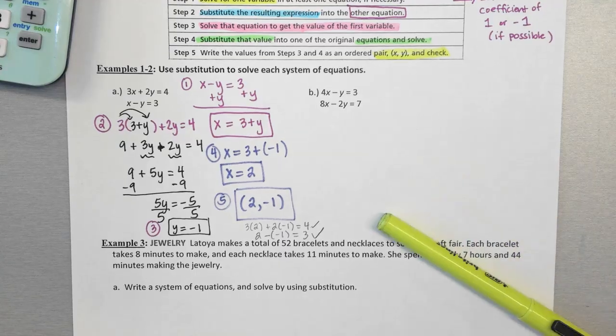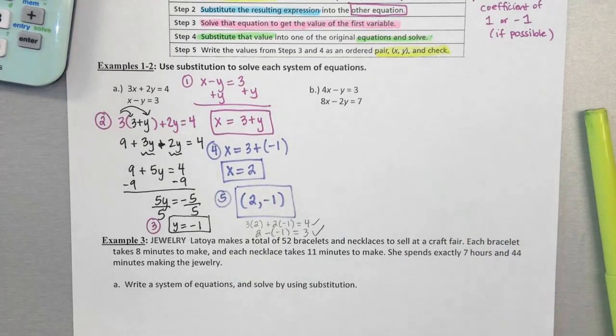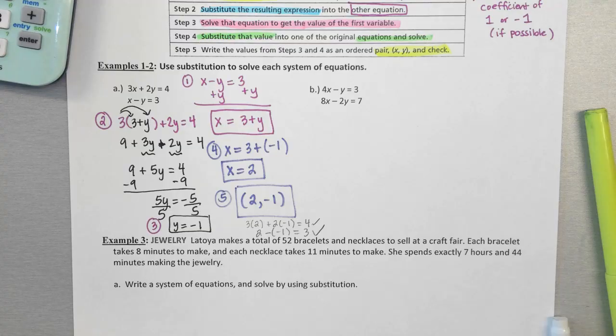Okay. All right, so for B, I want you to go ahead and do step 1. So I want you to pick a variable to solve for.